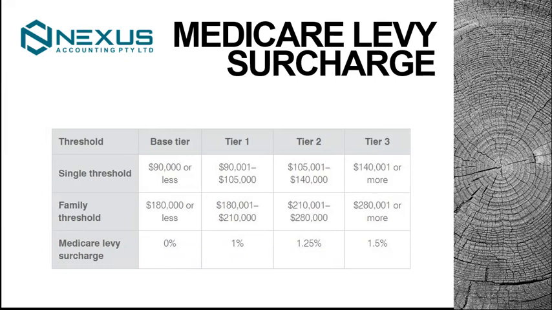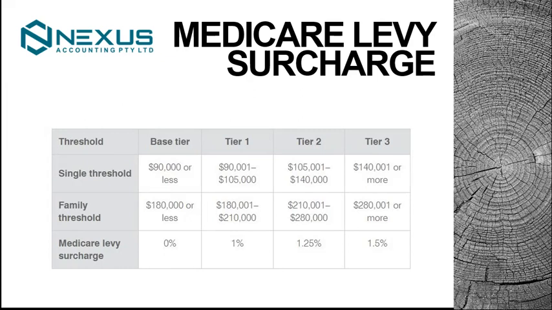If you are earning over $90,000 as a single taxpayer, let's just use that as an example, then you would be charged Medicare Levy Surcharge. In order to get that waived, you need to have adequate private health insurance with the qualifying hospital cover.